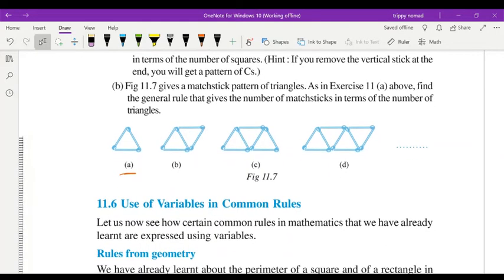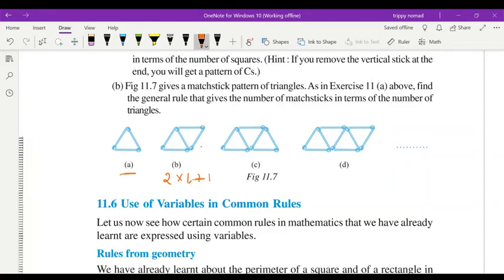Then 2 are separately required to make these triangles, and 1 is common. That means 2 into 1 plus 1. 2 ones are 2.